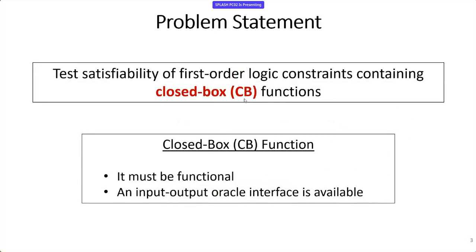So our problem statement is we want to test satisfiability of this first order logic constraint, which contains closed box functions. There are certain assumptions regarding these closed box functions. The first one is that it must be functional, and we must have an input-output Oracle interface available, so we can query over the input-output data.